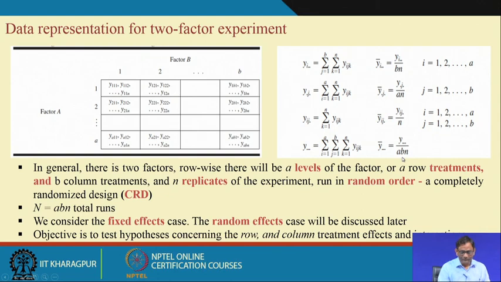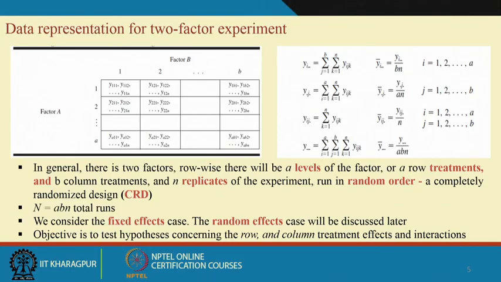Okay. In this case also there will be fixed effect models and random effect models. We are considering the fixed effect model, and please keep in mind that we are interested to know whether the row treatment and column treatment effects are present and whether their interaction effect is there or not.